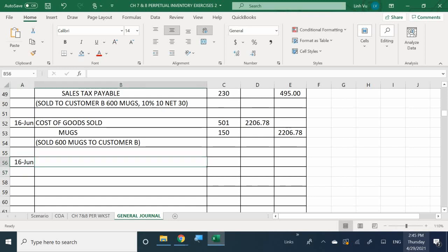This is not a vendor, this is a customer. Accounts. Okay, let's use our chart of accounts.